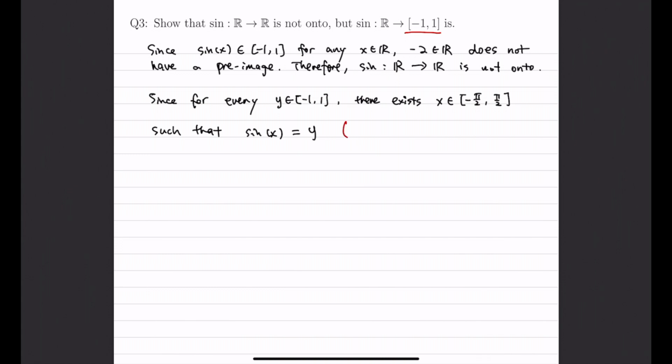And actually this x is given by the arcsine function, or the sine inverse, arcsine of y. Because of this, the sine function from the set of real numbers to the interval -1 to 1 is onto.